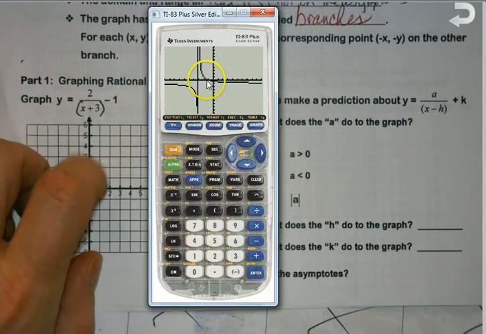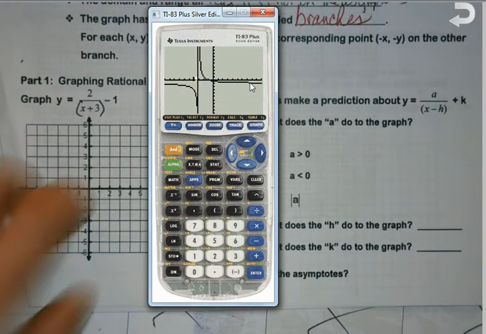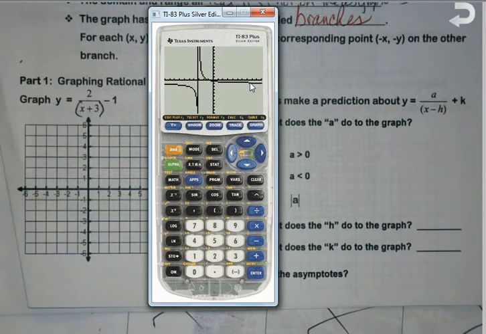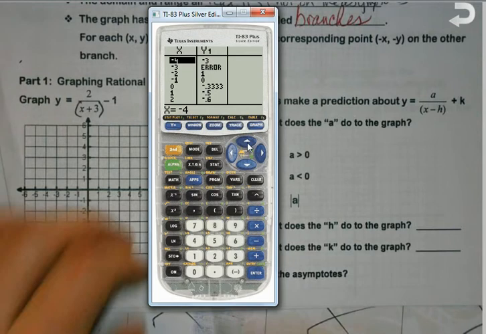It also shifted, notice I'm not hugging the axis anymore for x, it's 1 below that. And I'm going to be able to see that visually, but also when I bring up my chart, something else I'll start to notice. Wherever you see the word error, that's your vertical asymptote, or asymptotes in some cases.